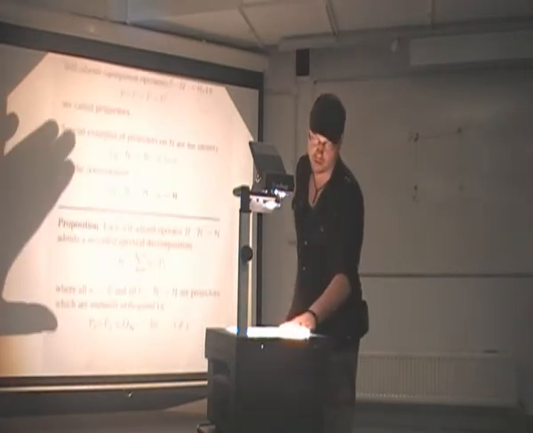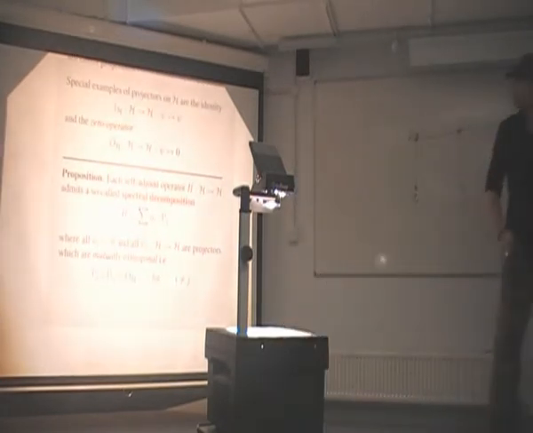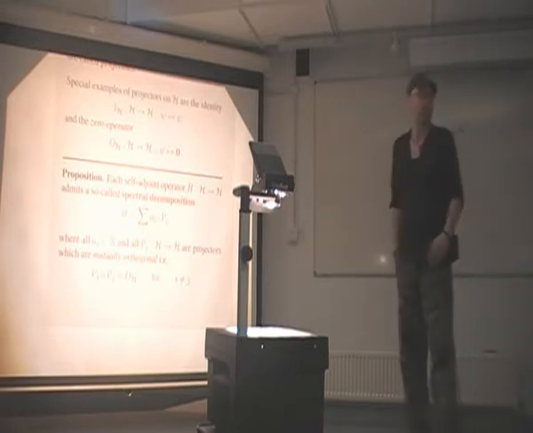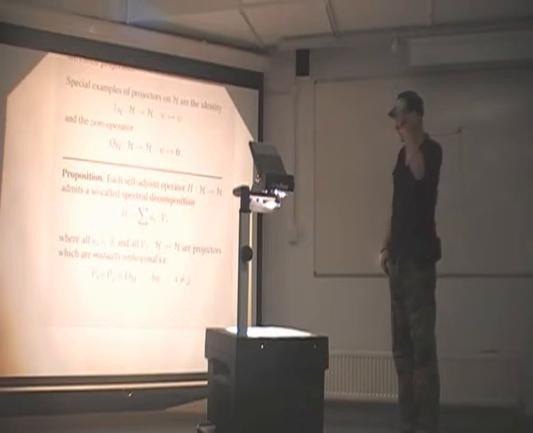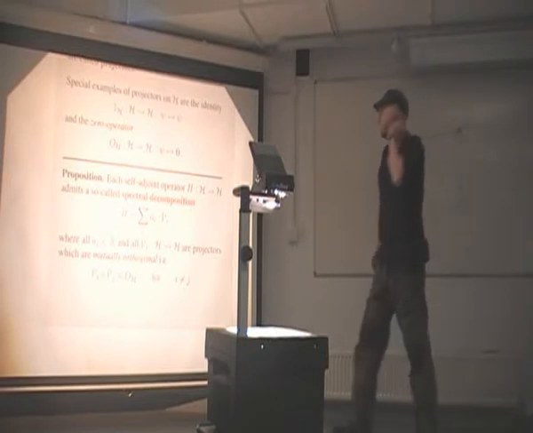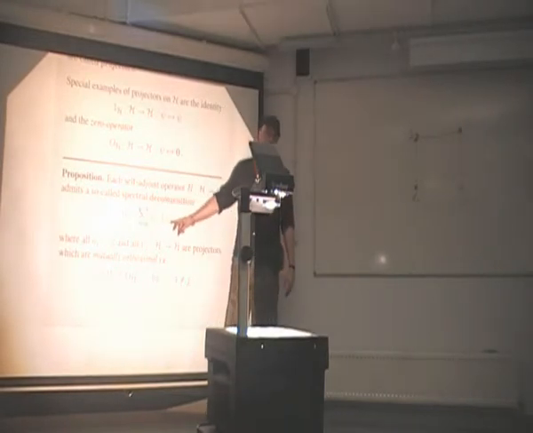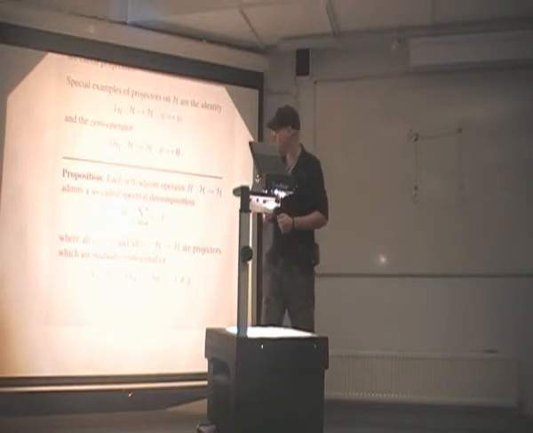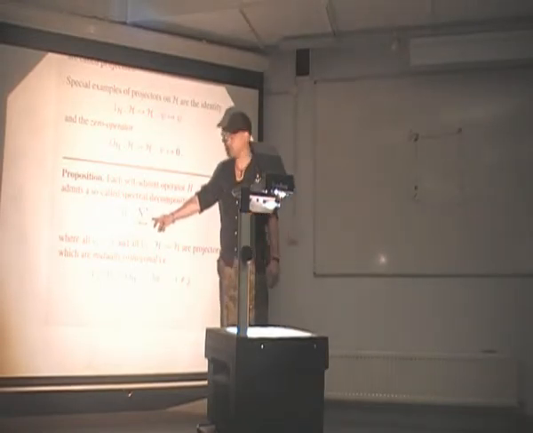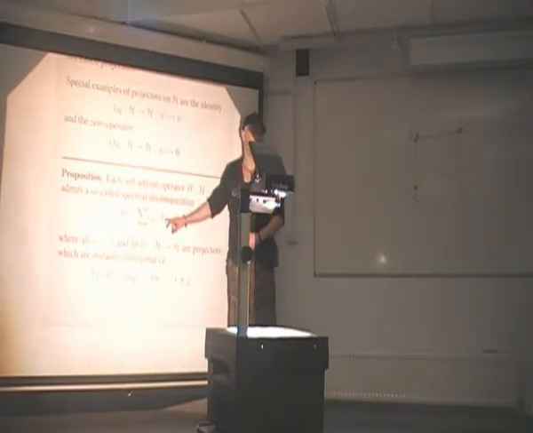And then the key theorem you're going to rely on is what's called the spectral theorem, which is fairly trivial in the finite dimensional case, and becomes a hell of a job in the infinite dimensional case. It says that whenever you've got a self-adjoint operator, you can always write it as a spectral sum of projectors. So if I give you a self-adjoint operator, I can characterize it by a list of positive real numbers and a corresponding list of projectors.